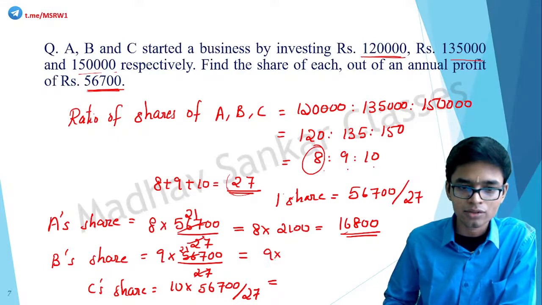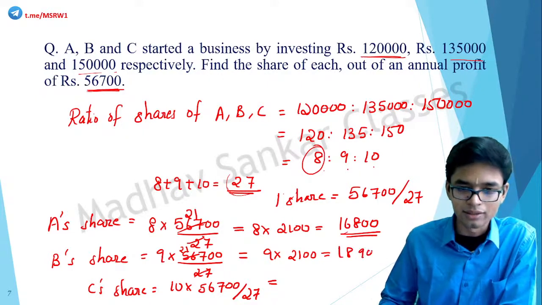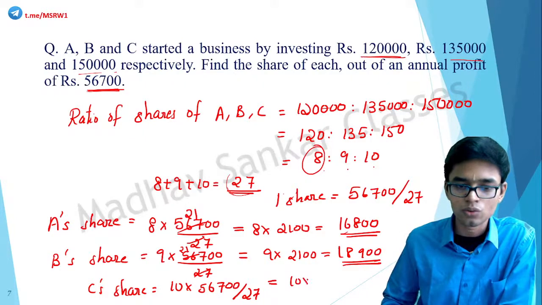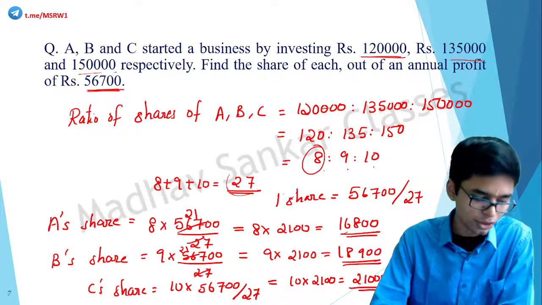So it is 9 into 2100, and this is equal to 18,900, and this is 10 into 2100, which is 21,000. These are the respective amounts that each of them will get.